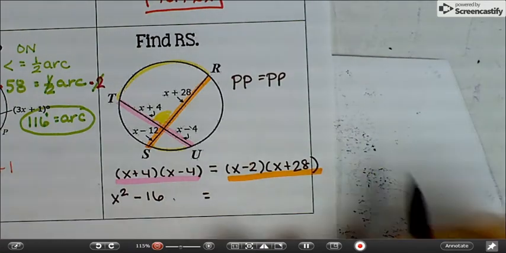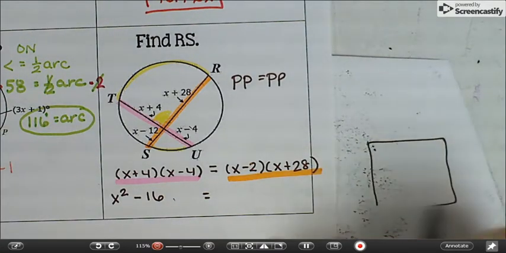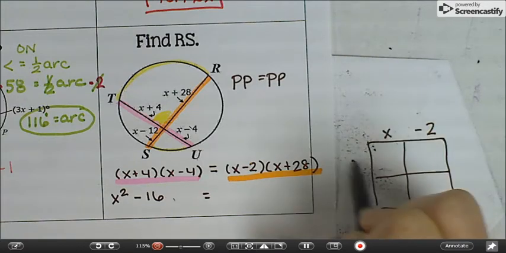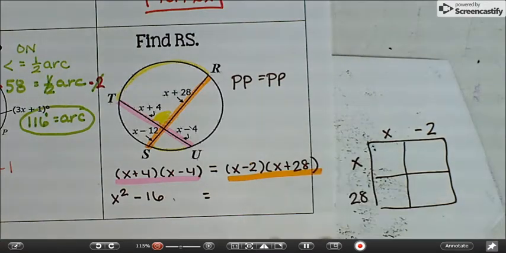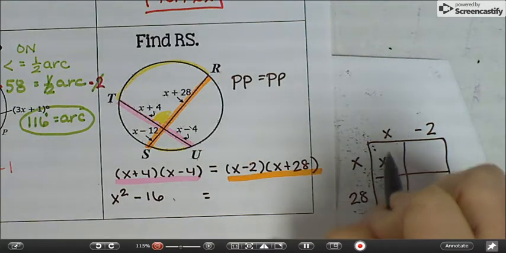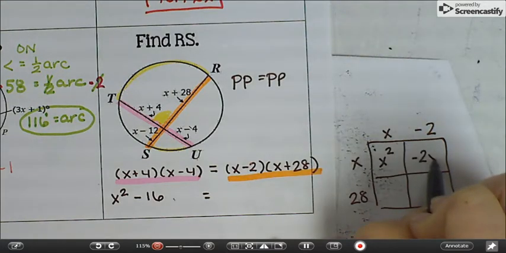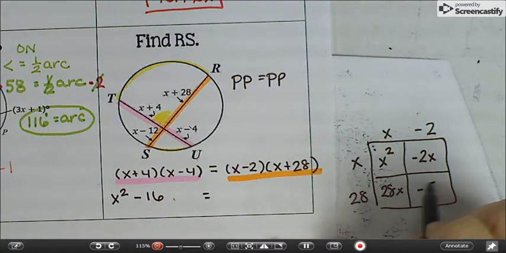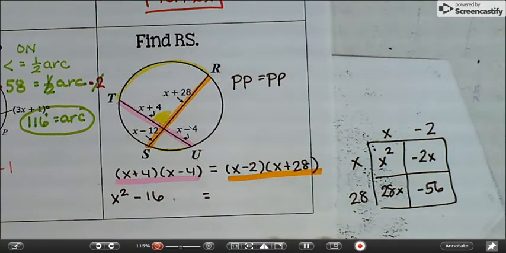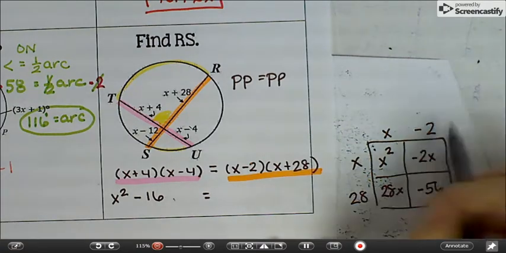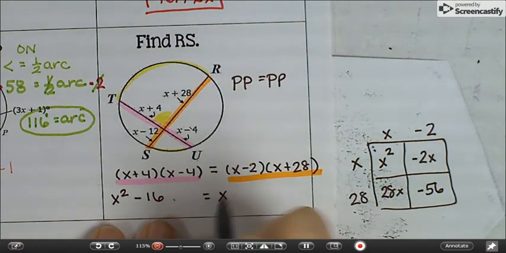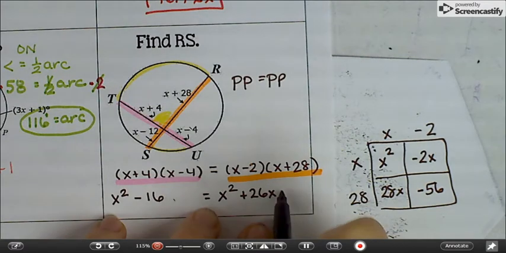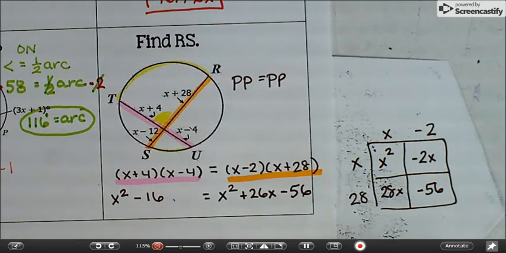Okay, and now we want to do the other one, window pane style. X minus 2, x plus 28. X squared, negative 2x, 28x, and negative 56. Okay, combining like terms as we pull it out, we have x squared plus 26x minus 56.